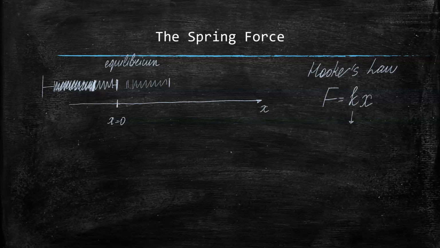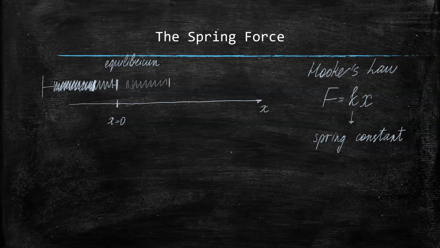And k in this equation represents the spring constant, and every spring has a spring constant. Some springs are a little tighter, some springs are a little looser, and physically that difference between a tight and a loose spring is described by the spring constant. So the tighter the spring, the larger the k will be. So a larger force will be needed to hold it in a stretched position or to compress it further.